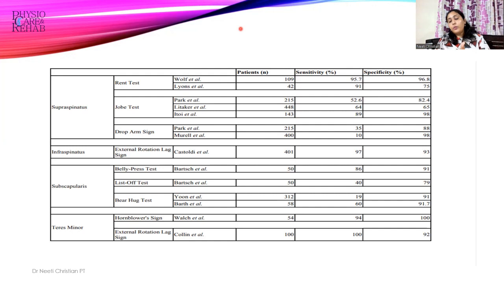Once you are done with your physical examination and assessment, to rule out which muscle is involved, and for differential diagnosis, and to go for a particular muscle testing, you can use any of these clinical tests when you go for any assessment or examination.